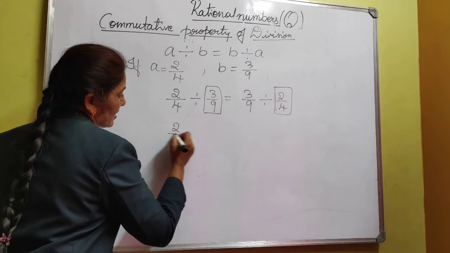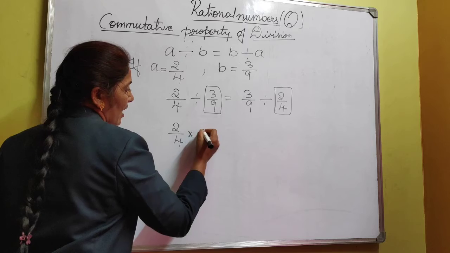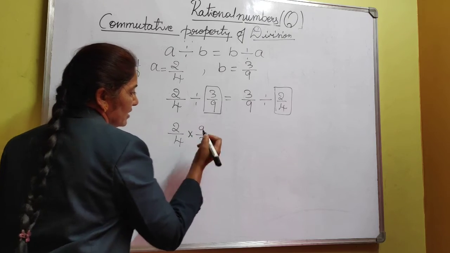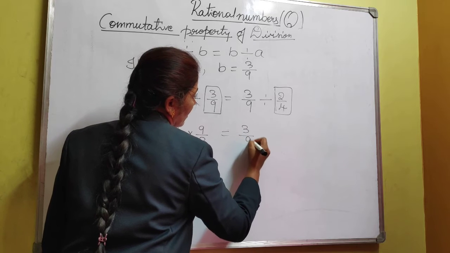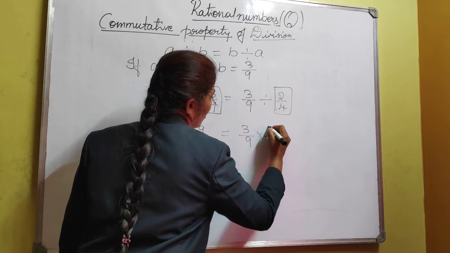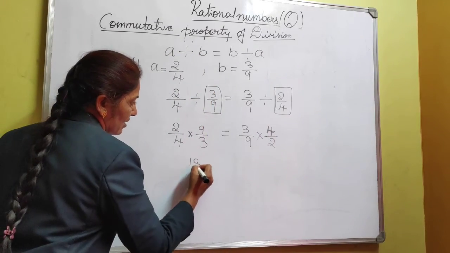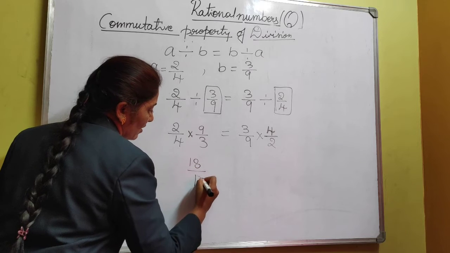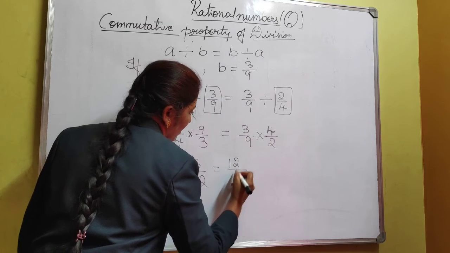I can write this as 2 by 4 into 9 by 3, and 3 by 9 into 4 by 2. So 2 9s are 18, 3 4s are 12.